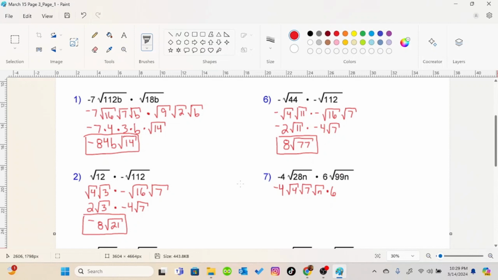The square root of 99n is the square root of 9 times the square root of 11 times the square root of n. The square root of 4 is 2. Square root of 9 is 3.